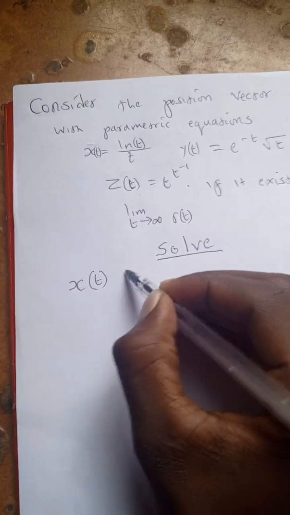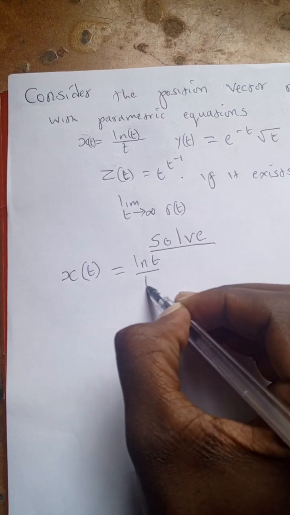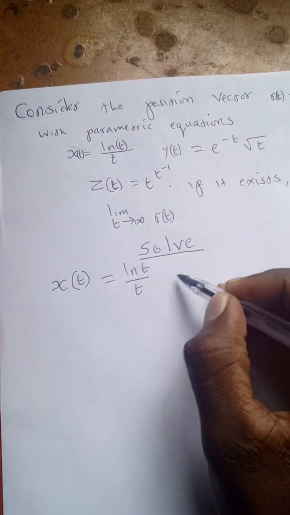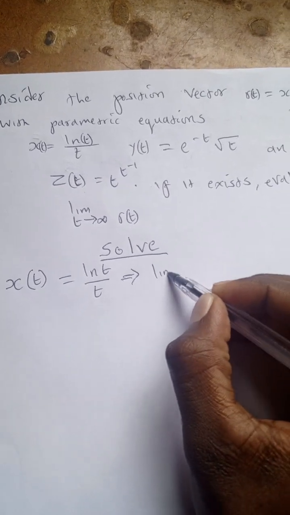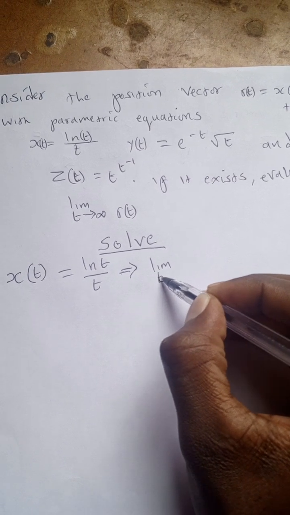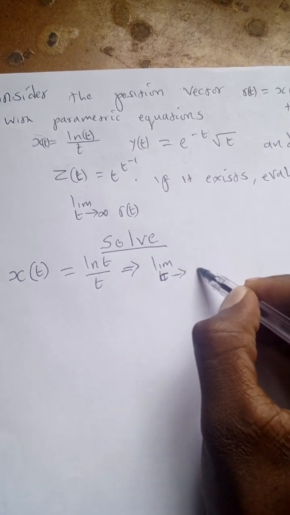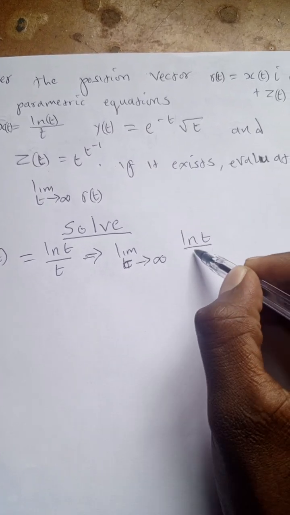For x, x(t) is equal to ln of t divided by t. Let's take the limit for this. Say the limit as t approaches infinity for ln of t divided by t.